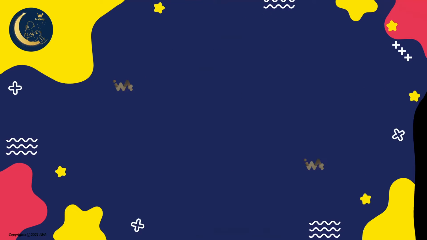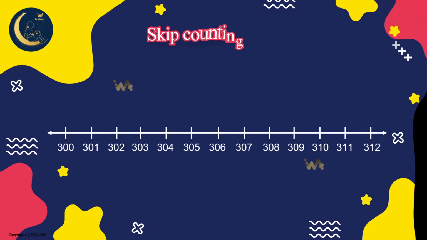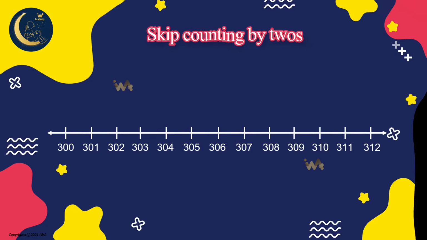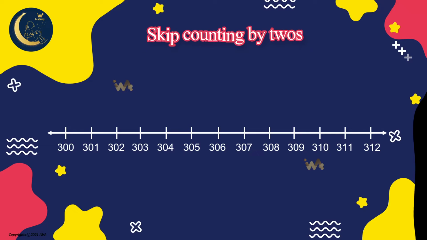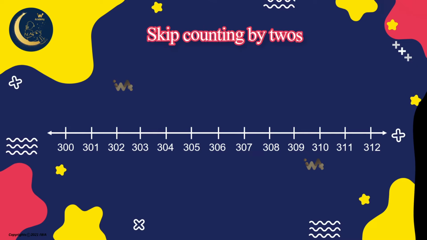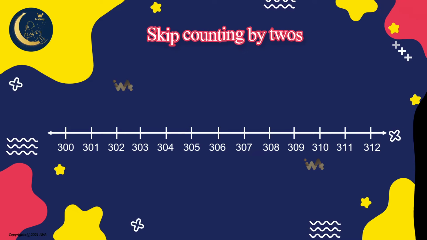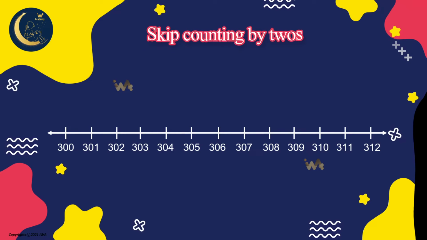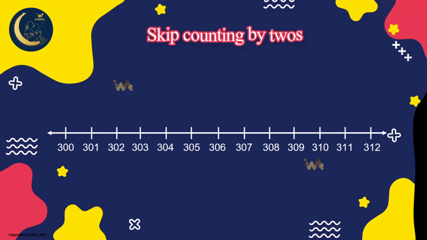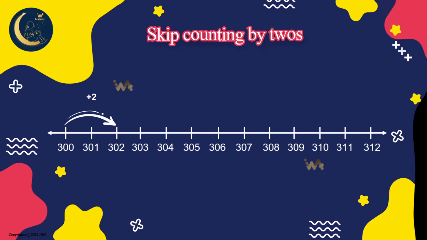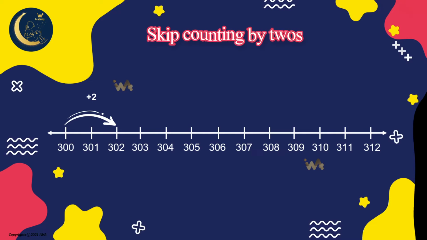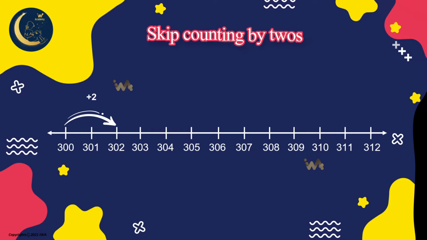Well done. If we start the skip counting by 2's from the number 300, what is the next number? Well, let's use the number line to make it easier for us. When we skip count by 2 on the number line, we move 2 units to the right. So, the next number is 302.